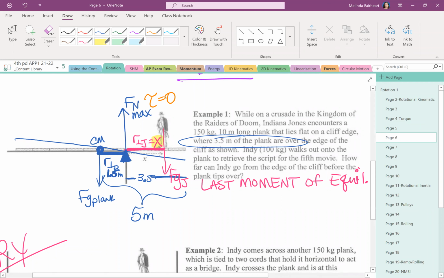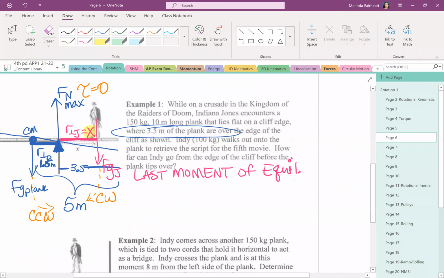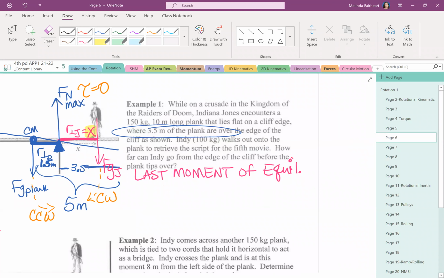Yay, because that's an unknown force. By the way, in the future, what if they say find the normal force at the hinge, right? You could maybe use forces, you maybe could use torques. But Jones down on the right is going to be clockwise. Plank is down on the left, counterclockwise. And so it's those two that are going to balance. And so the torque of the plank is going to balance the torque of Jones.